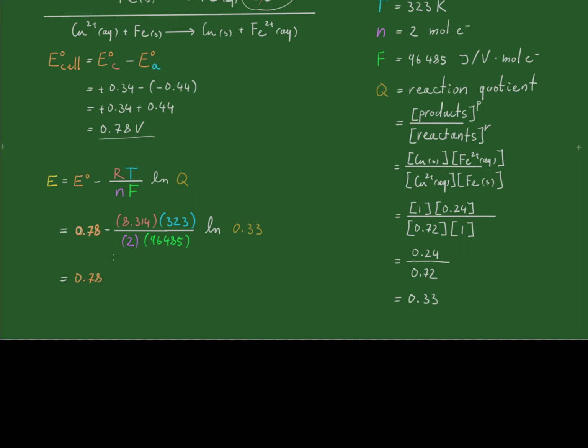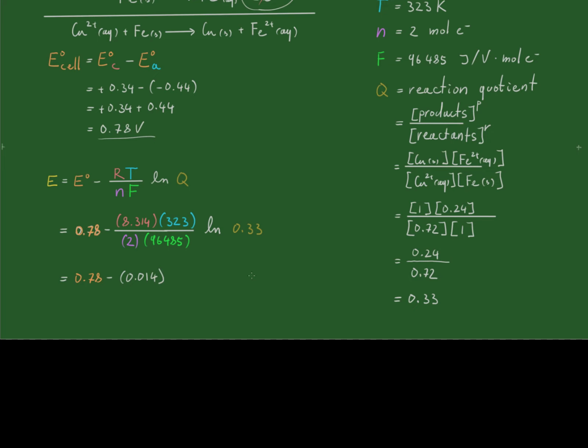So now it is a matter of plugging in those numbers into a calculator, and I shall do that here quickly on the side. 8.314 times 323 divided by 2 divided by 96,485, and I get 0.014 with rounding.